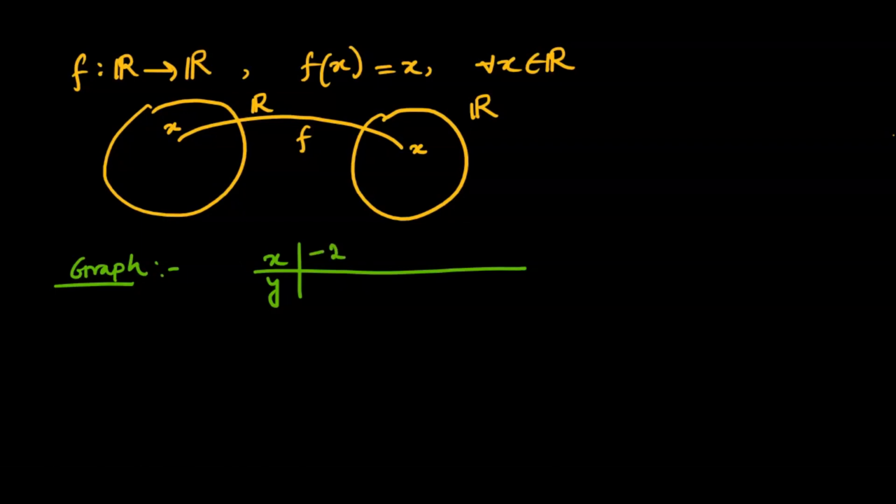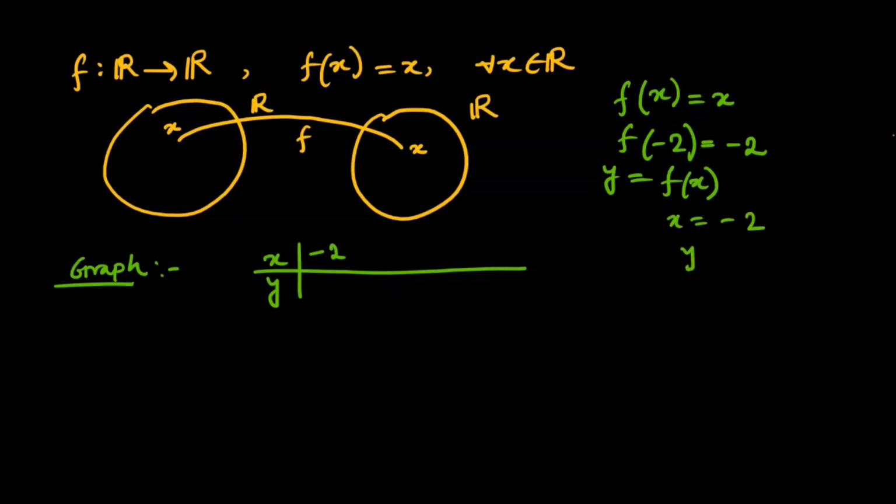Then what is y? From the definition of the identity function, we get f of x equal to x. So f of -2 is equal to -2. Our y is actually f of x. So when x equals -2, y is also equal to -2.